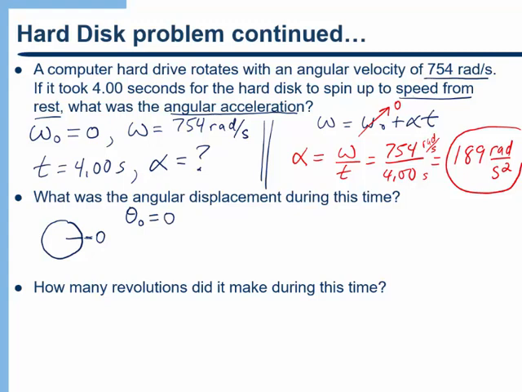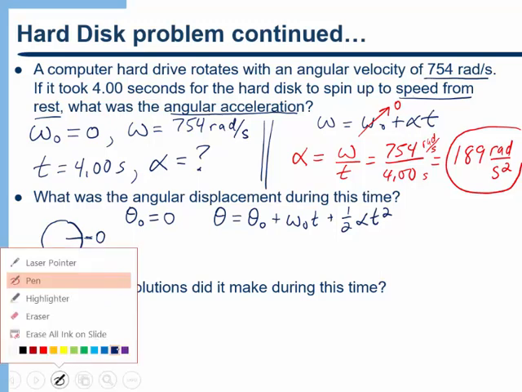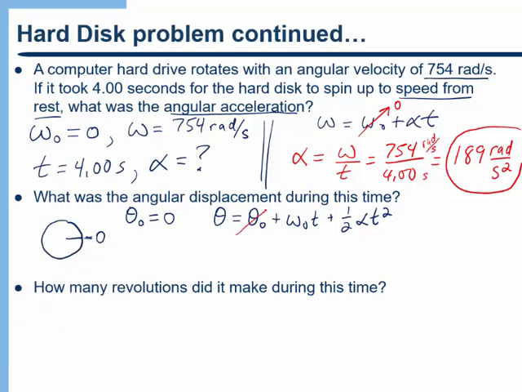The equation we want to use then is theta is equal to theta naught plus omega naught t plus 1/2 alpha t squared. And what we're looking for is theta. What is that angle that the hard drive went through during these 4 seconds? In this case, we can get rid of theta naught, as we said.